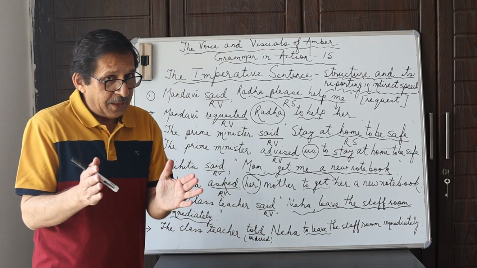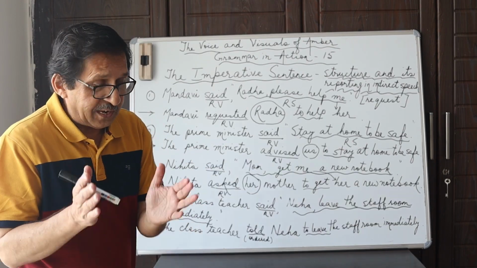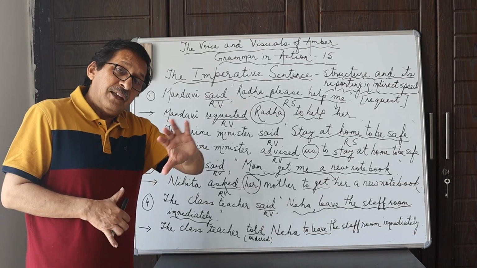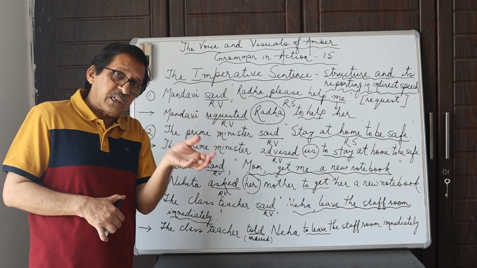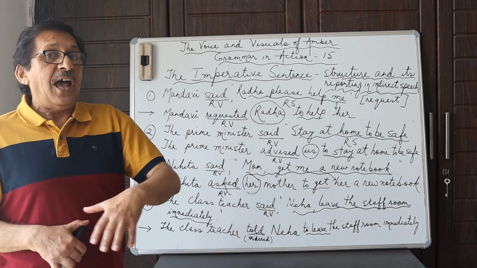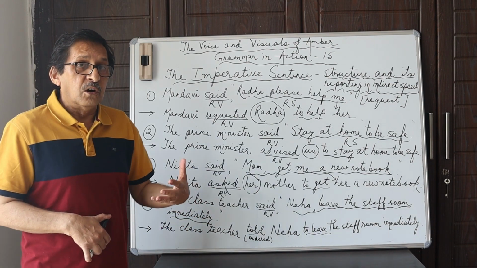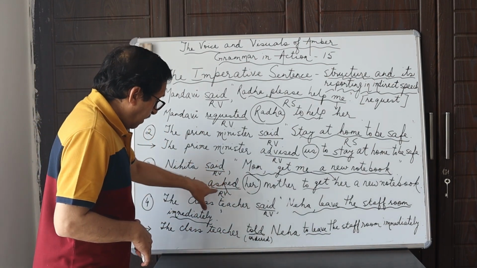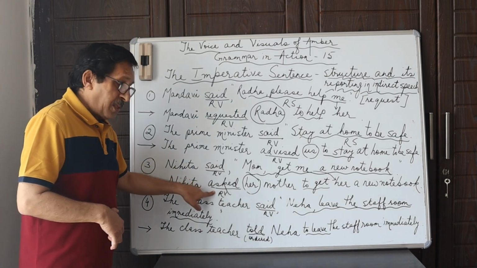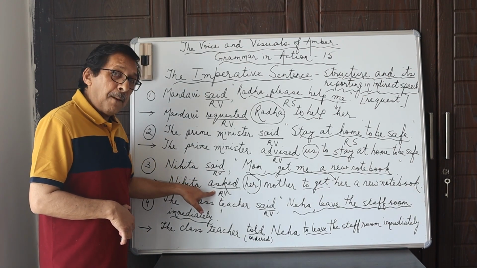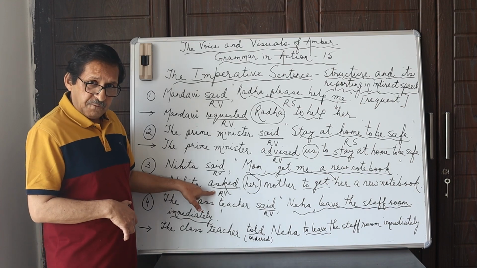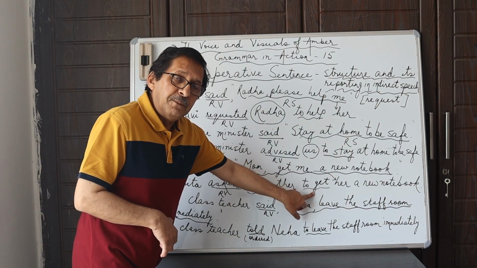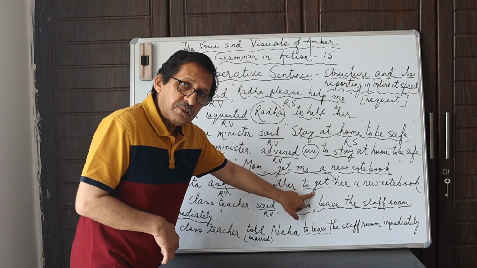So it's very clear now why indirect speech for imperative sentences is much easier than converting from direct to indirect speech an affirmative sentence or an interrogative sentence. Because in the other forms, when the reporting verb is in the past tense, any form of the past tense, there would be changes in the verb of the reported speech.